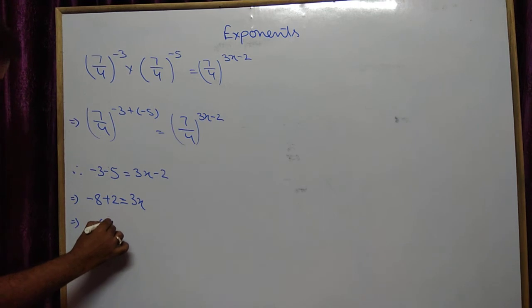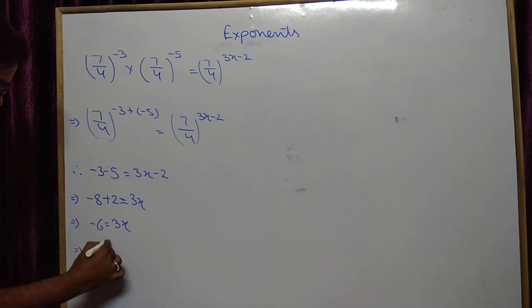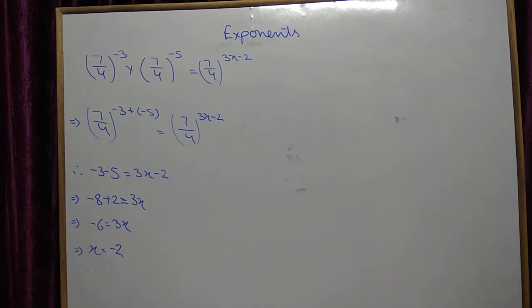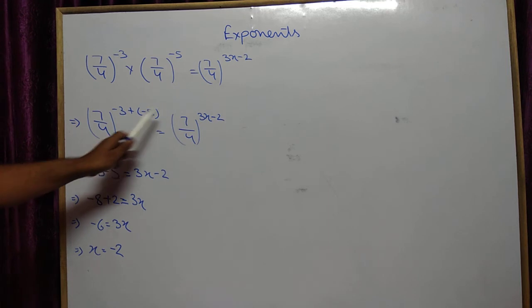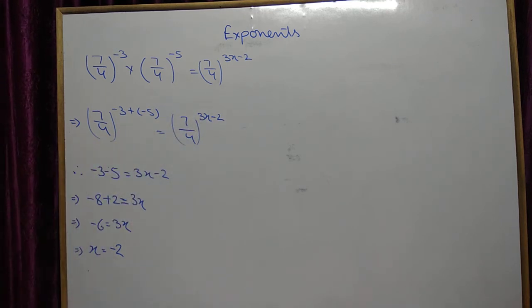Minus 6 equals 3x. x equals minus 6 divided by 3, it's minus 2. Likewise, you have to find the values of x by comparing both sides. Remember, first we have to make the base equal, then only are we able to compare the powers. Hope this one is clear to you.